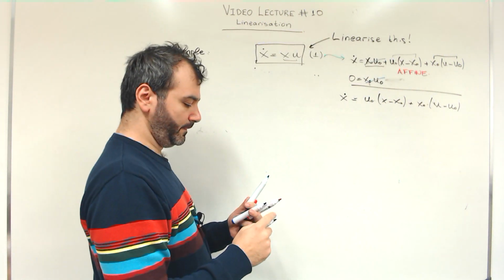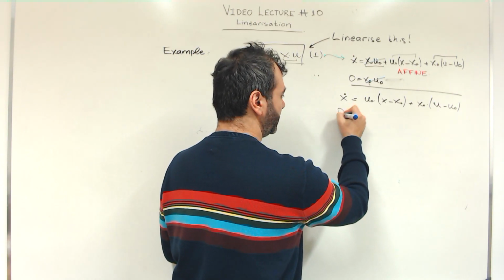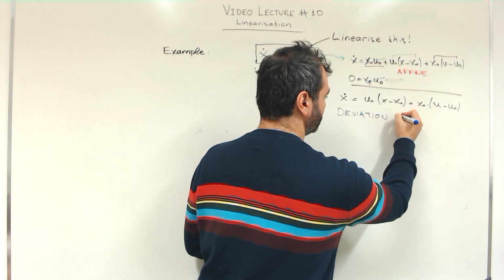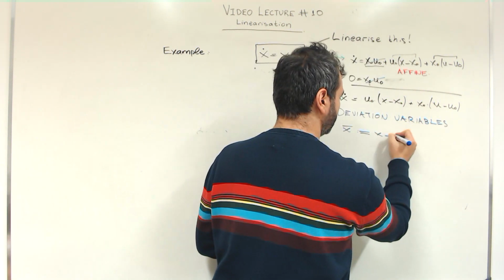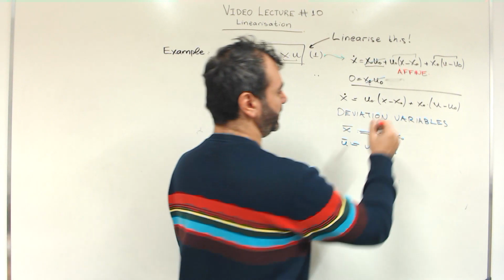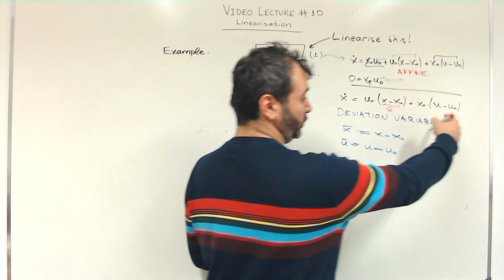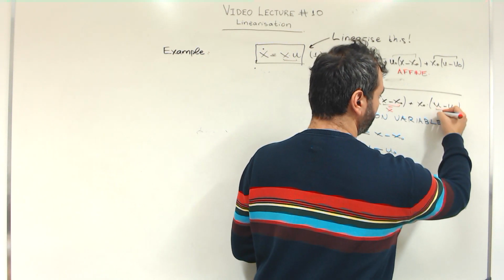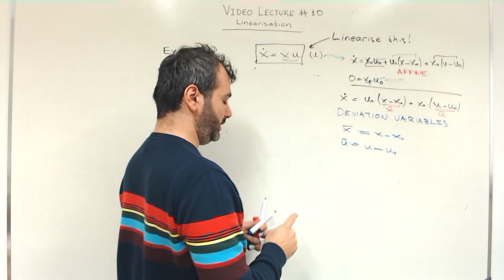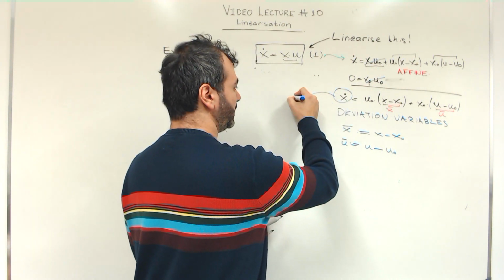But after that, what we do is that we introduce deviation variables. And if you look here, x minus x0 is x bar, u minus u0 is the new variable u bar, and x dot is the same as x bar dot.